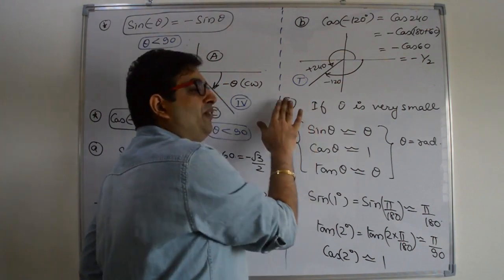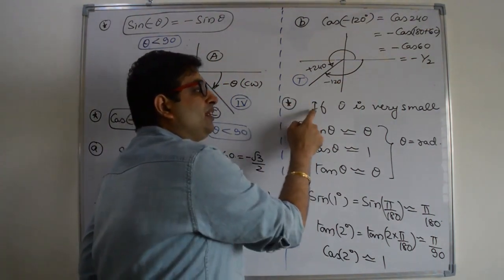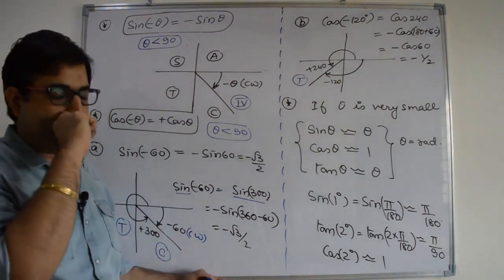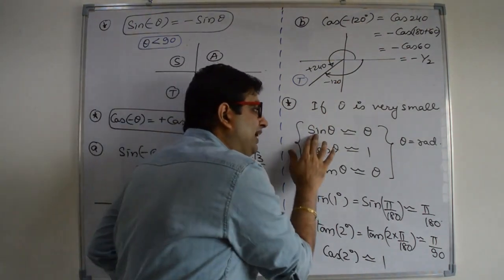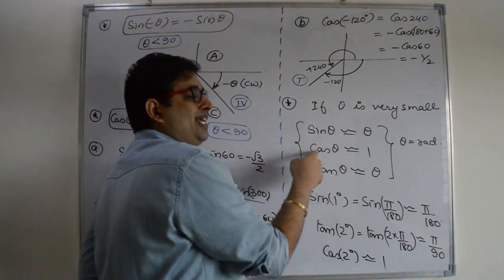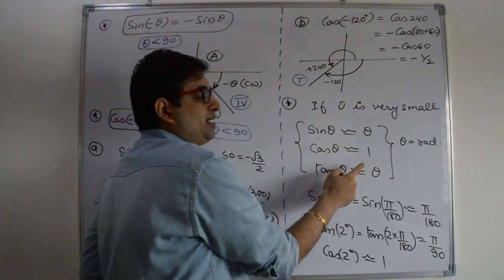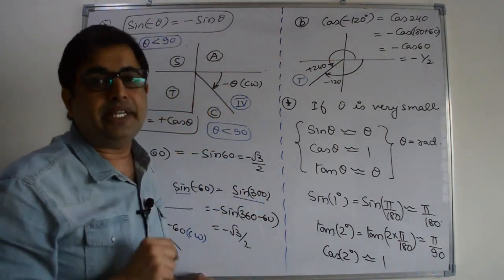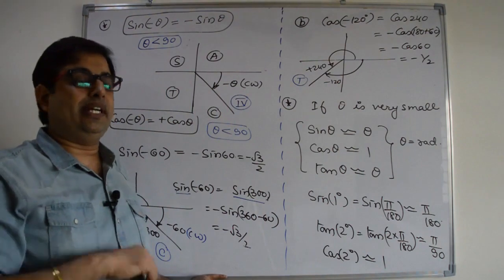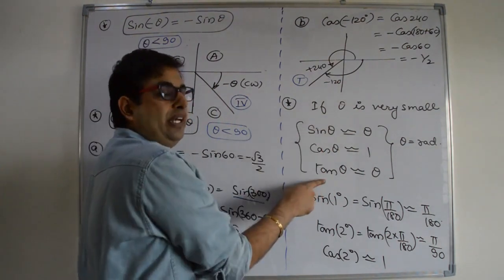Now the next very important thing: whenever theta is very small, whenever the angle is very small, then we can write sine theta as theta, cos theta as 1, and tan theta as theta. But there is a condition, theta should be in radian. If theta is in degree, then this relation is not valid.